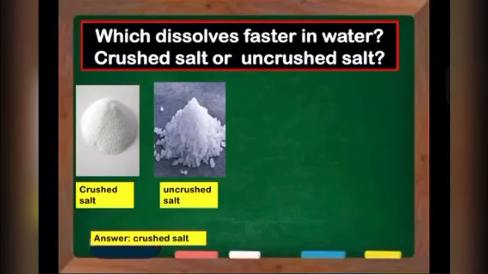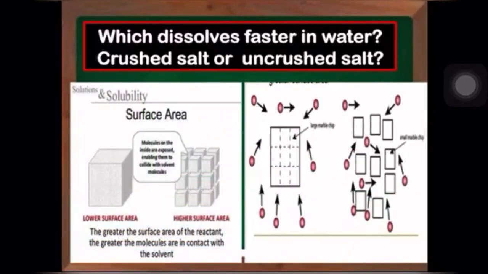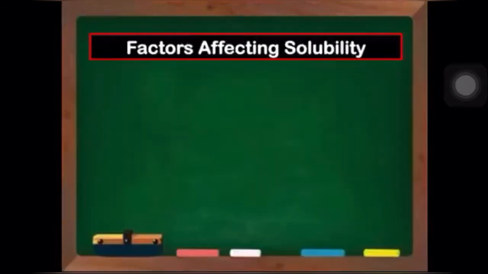But why? The dissolution process occurs at the surface of the solute. It can be speeded up if the surface area of the solute is increased. Here in the crushed salt, molecules on the inside are exposed, enabling them to collide with the solvent molecules.